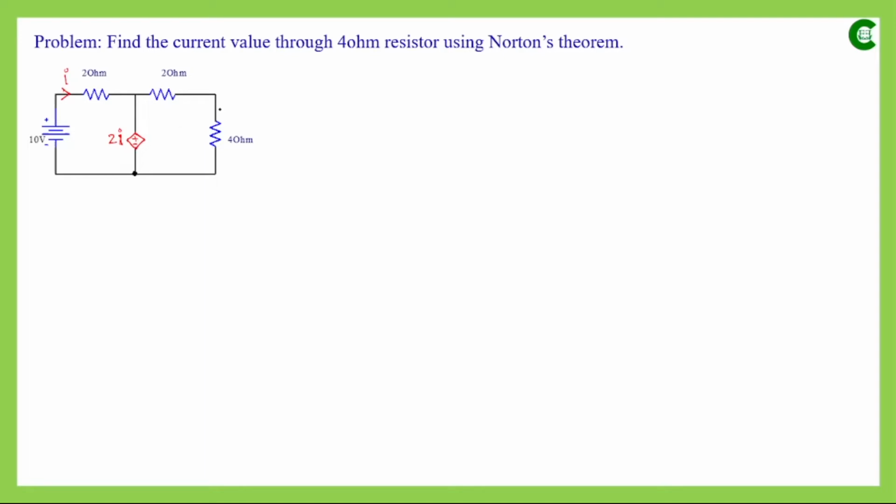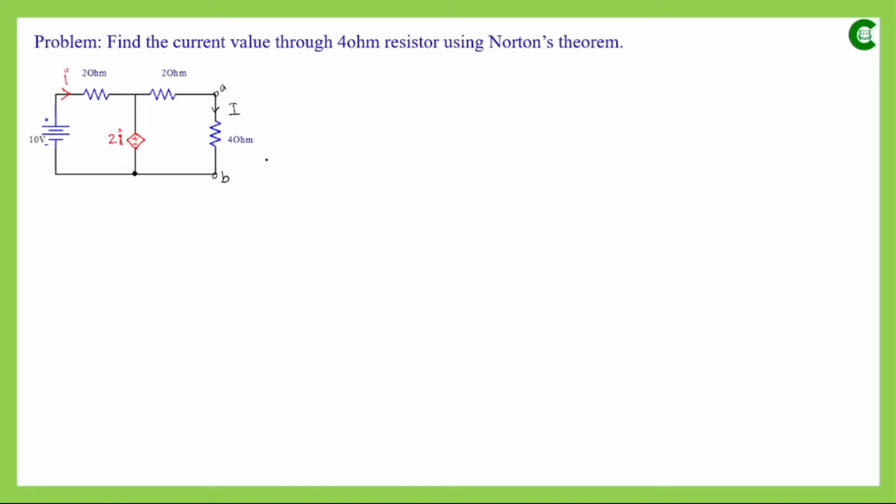Now we have to find the current value which flows through this 4 ohm resistor. So this is our concerned resistor or load resistor. Let's mark this terminal as A and this as B. Between these two terminals the load resistor is connected, and we have to find the current value.